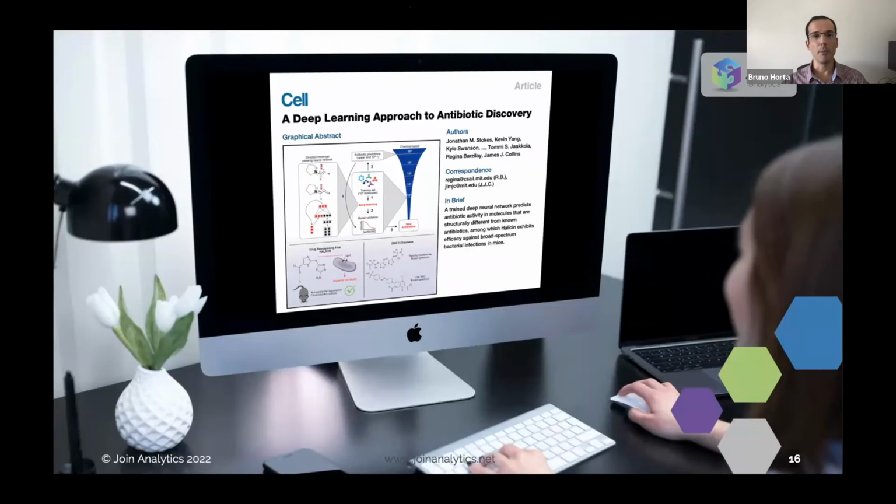This example of usage of a deep learning approach to predict antibiotic discovery was the headline of many important newspapers, and Nature, MIT, BBC, and The Guardian all reported on this article because it was a major breakthrough in antibiotic development. And it was a deep learning approach using this kind of encoding that I've shown you.